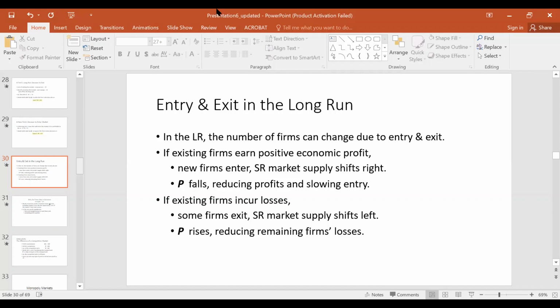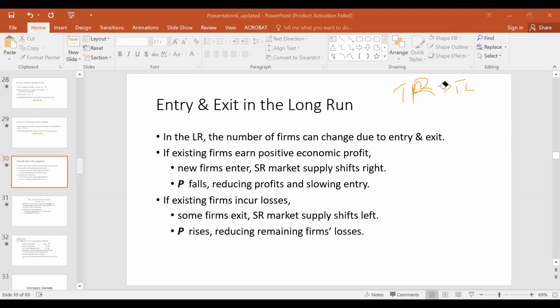By the way, there are 3 types of profit. When total revenue is greater than total cost, profit is positive, so we call it positive economic profit.